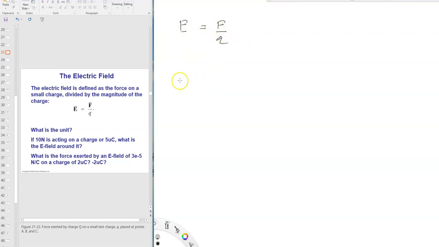Okay, so let's say here we have an electric field. We place a charge in this electric field. So here's the charge we place and the value of this charge is Q. The electric field is creating a force on it, F. If we measure this force, we know the force, we know the charge.